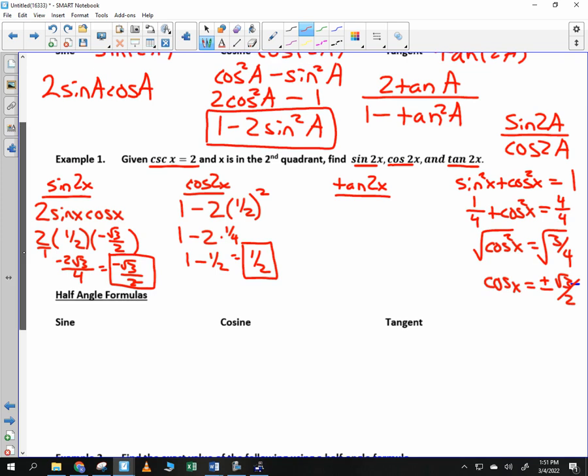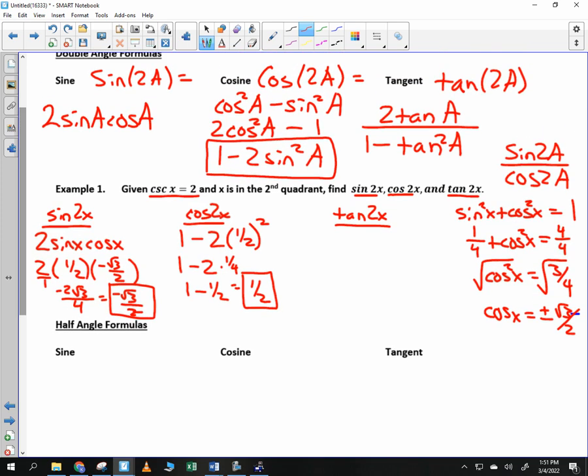And then when you look at tangent of 2x, this is really important, everybody sees this. When I look at tangent of 2x, I could use this formula, but I don't know what tangent is yet, do I? No. Or I could just use this formula here. Do I know sine of 2x? What is sine of 2x?